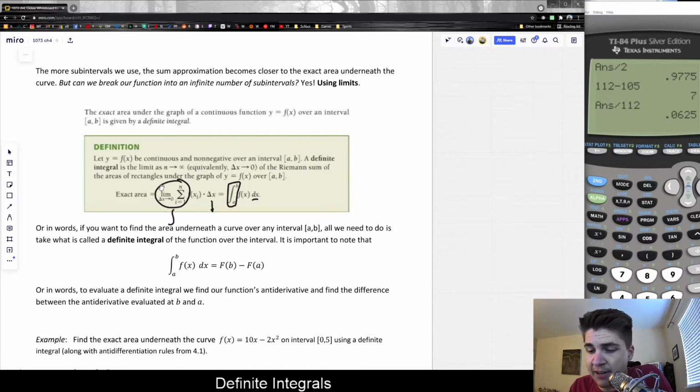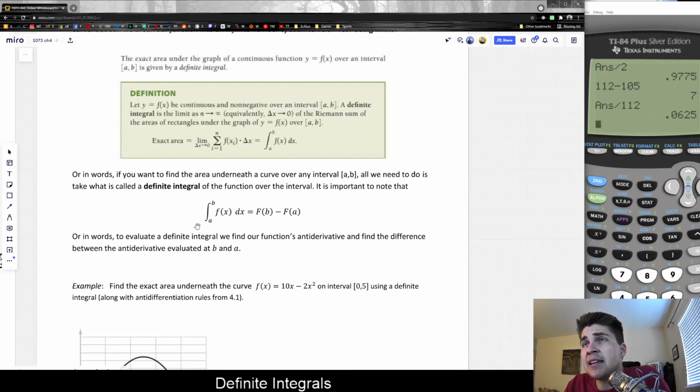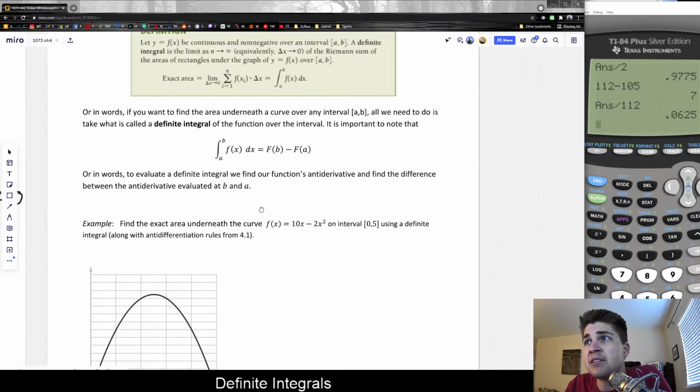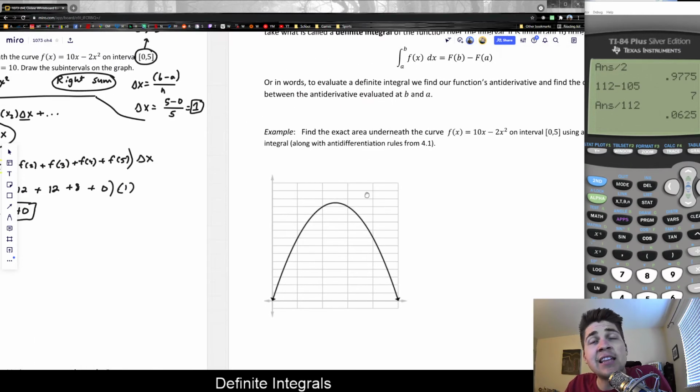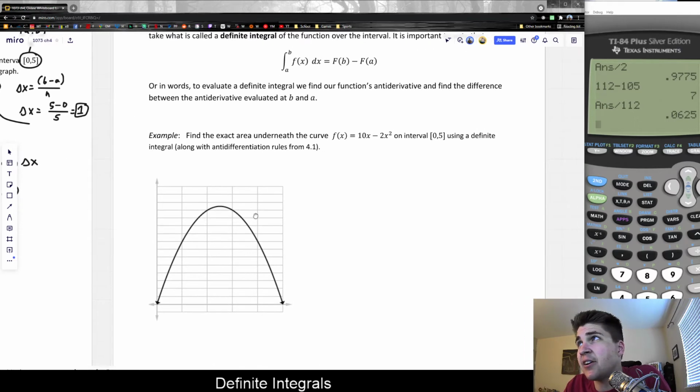That's why taking an antiderivative in a definite integral helps us find the area. A definite integral is defined as capital F of b minus capital F of a. In other words, take the antiderivative of the function evaluated at b and evaluated at a, and take the difference of those two things.